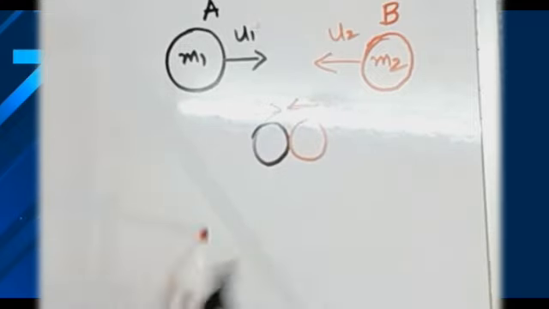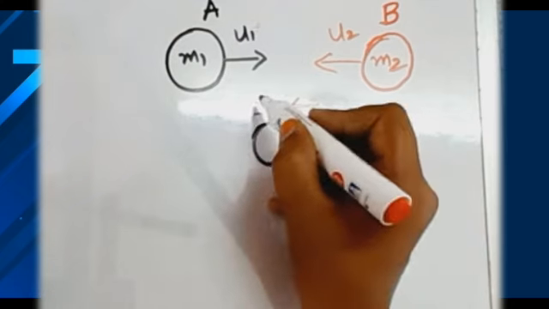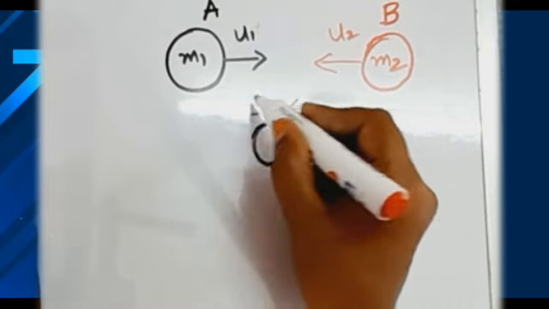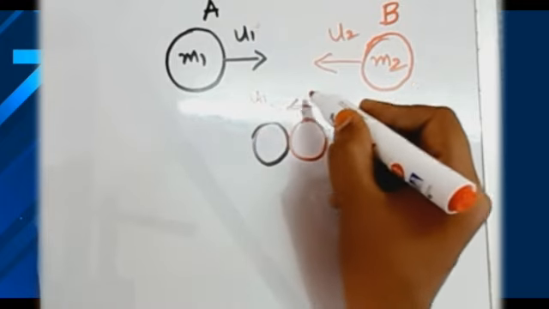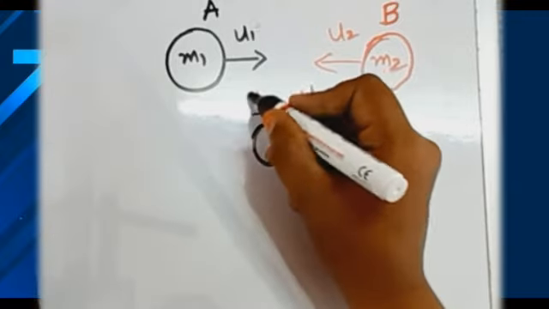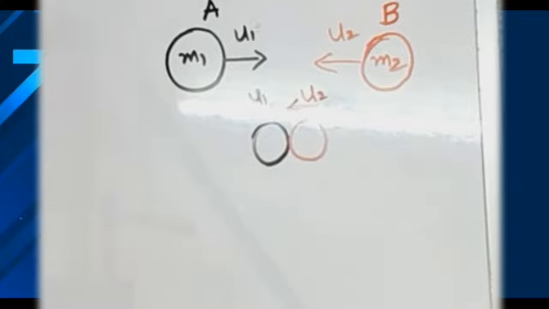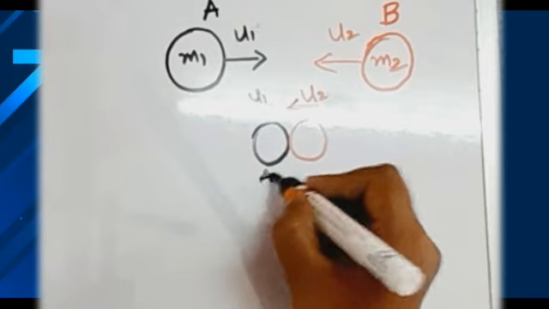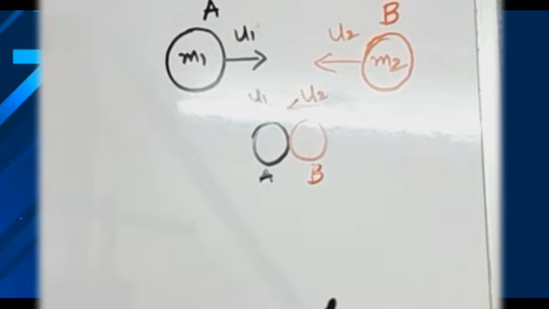At a time t, the collision lasts for t seconds. Here we can write u1 and u2. After this collision, what happened? It gets final velocity.